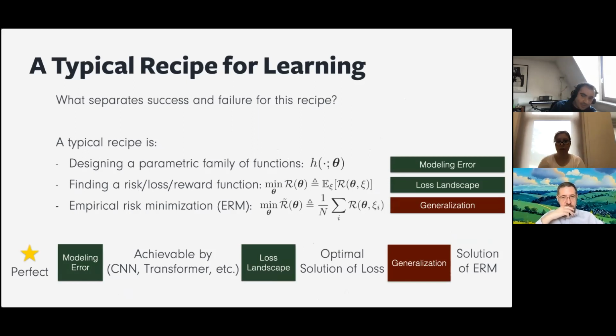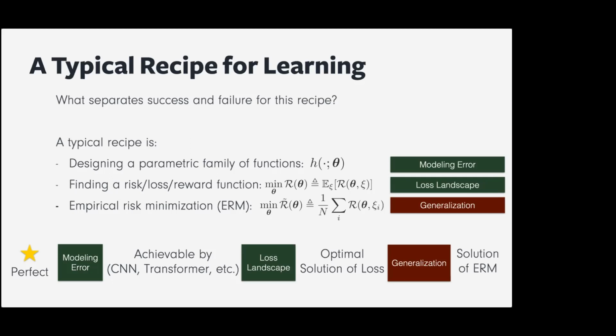The way we study this is to look at the error that we introduce by making each assumption, by talking about each setting, each constraint. Once you go from finding an arbitrary function to finding a specific function within a parametric family, you define a modeling error. It means that instead of finding a perfect function, we can only have the best function which is representable by a neural network or a transformer.